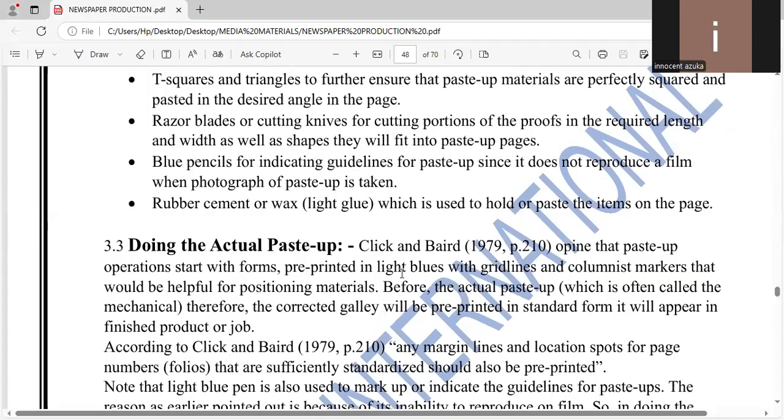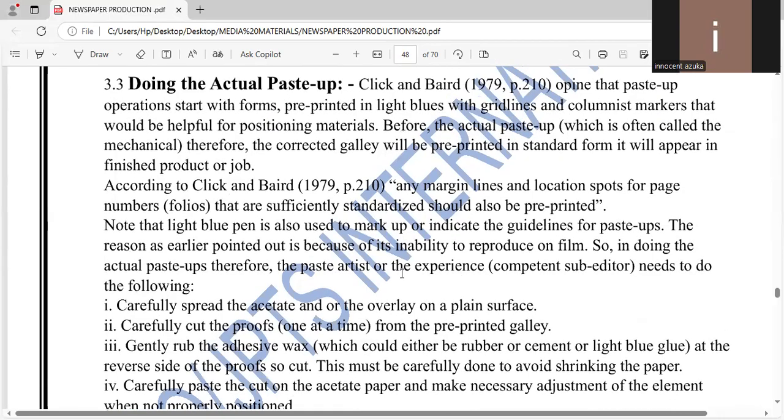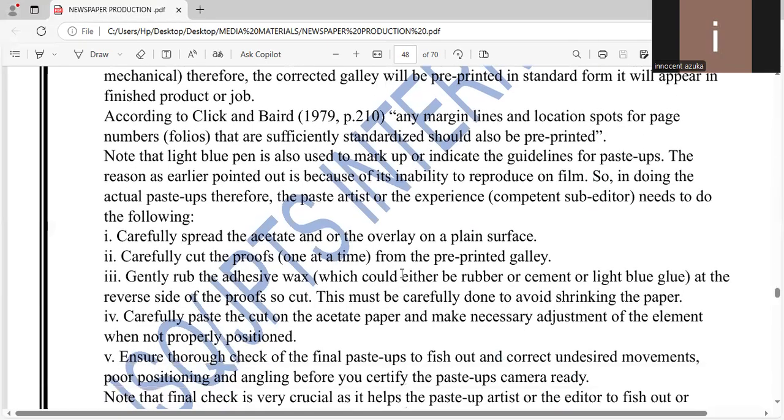So by doing so, there is an actual page. Any margin lines and location spots for page numbers, sufficiently standardized, should also be printed. So the paste up artist or experienced person needs to do the following.